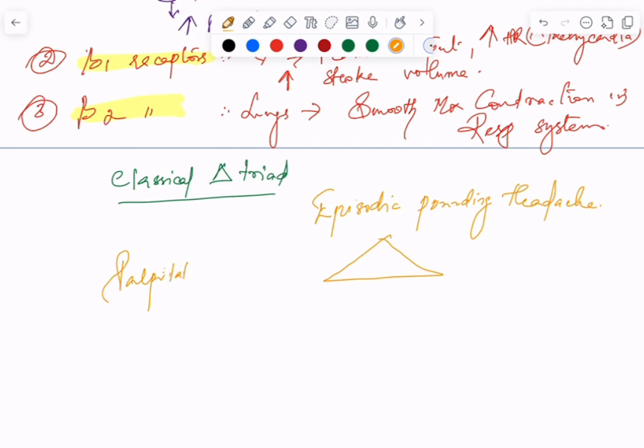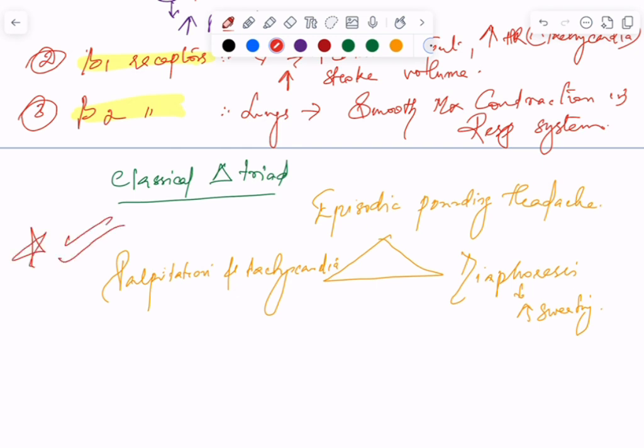Second is palpitation and tachycardia. We already mentioned that the beta-1 receptor will increase heart rate and tachycardia. Third one is diaphoresis. Diaphoresis is increased sweating, the excess amount of sweating in the body. So this is the triad for pheochromocytoma.